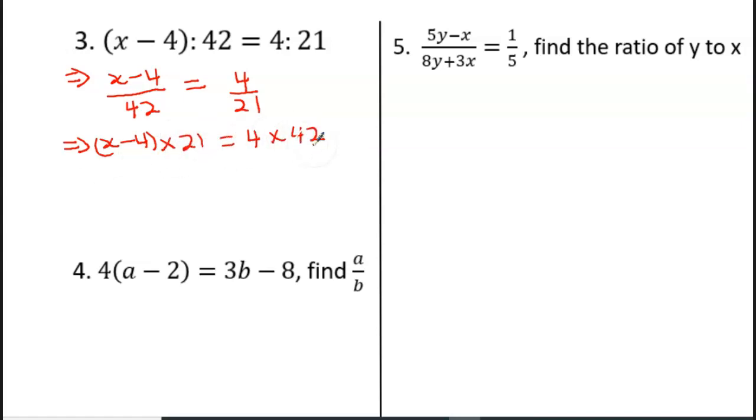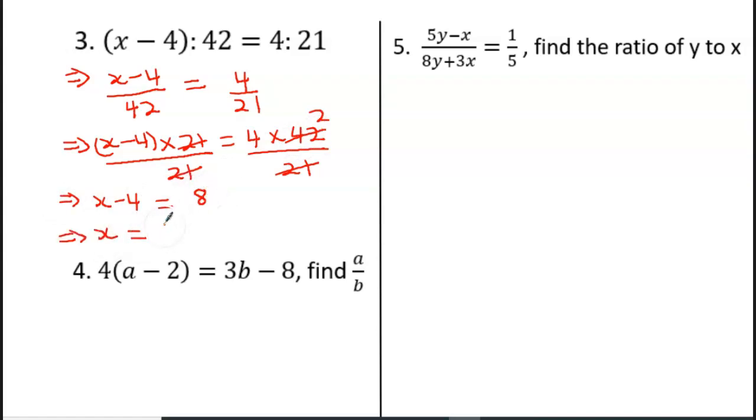So we can first divide both sides by 21. 21 will go into 42 2 times. This will cancel. So you have x minus 4 equals 4 times 2, which is 8. X will be equal to 8 plus 4, which is equal to 12.